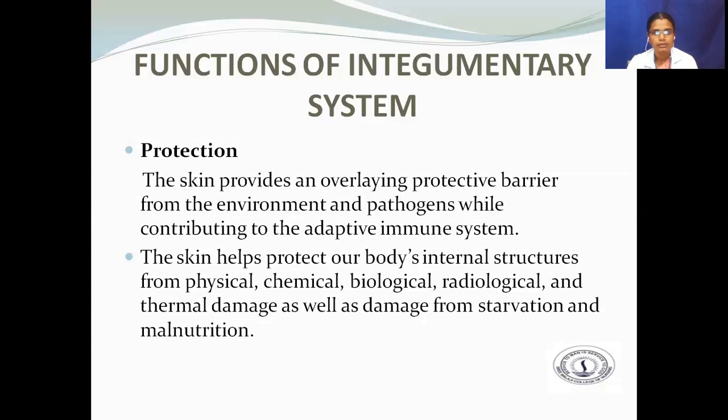The skin acts as an immune system to protect us from the environment and pathogens entering our body. The skin helps protect our body's internal structures from physical, chemical, biological, radiological and thermal damage, as well as damage from starvation and malnutrition. These are the main functions of the skin.